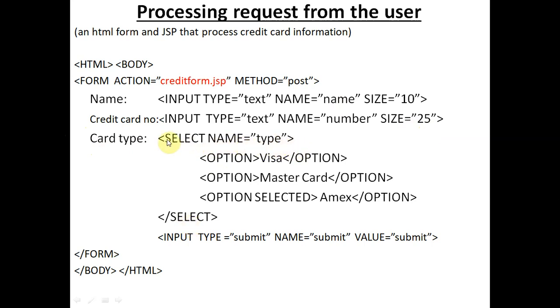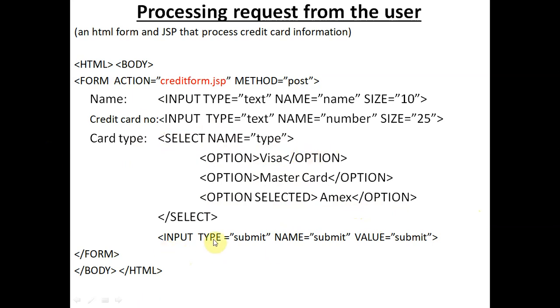The combo box is started by select and closed by /select, and it has three options: Visa, Mastercard, and Amex, which is selected by default. So we will click on any one of the three, and accordingly it will store that value in type.